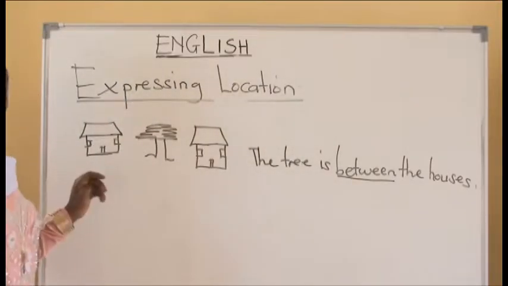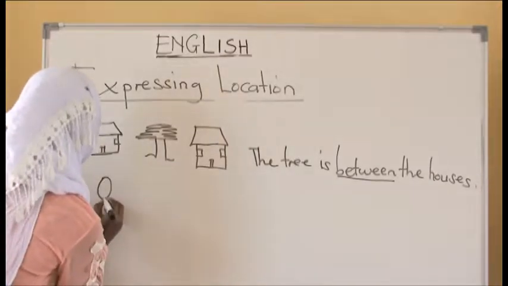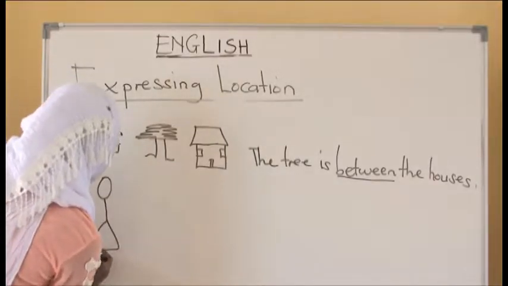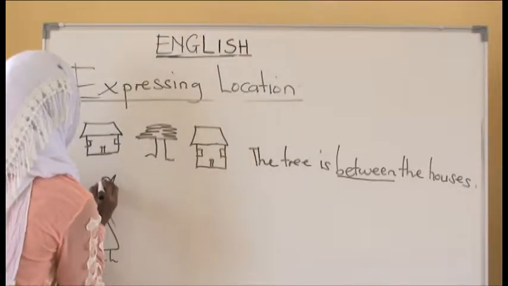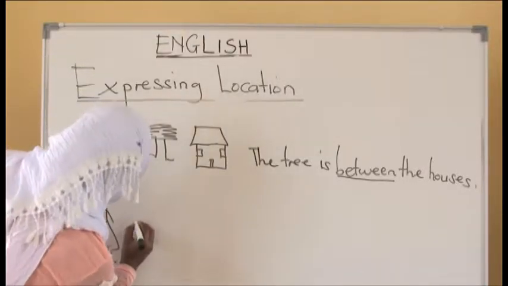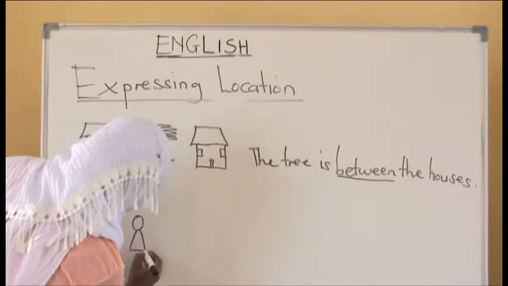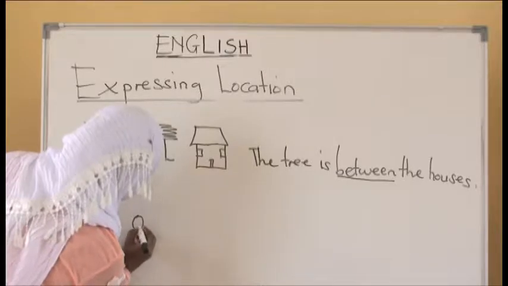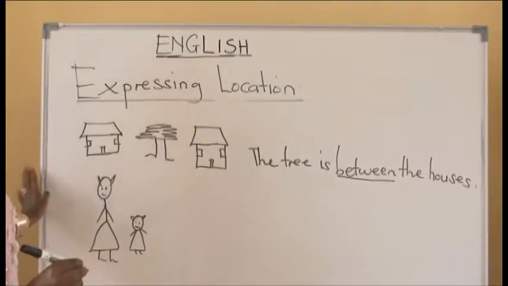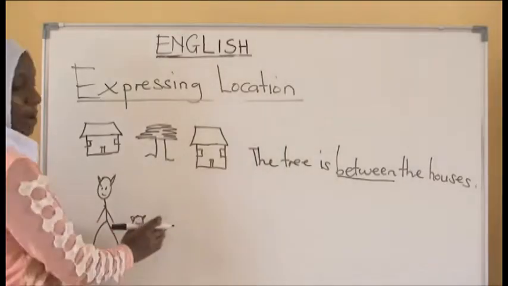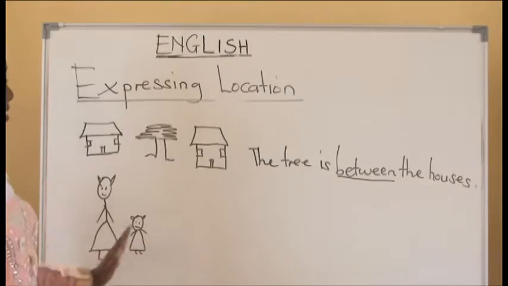Another example can be having a big girl here, and here there is a small baby. The girl is here and the baby is here, and you are asked, where is the girl or where is the baby?